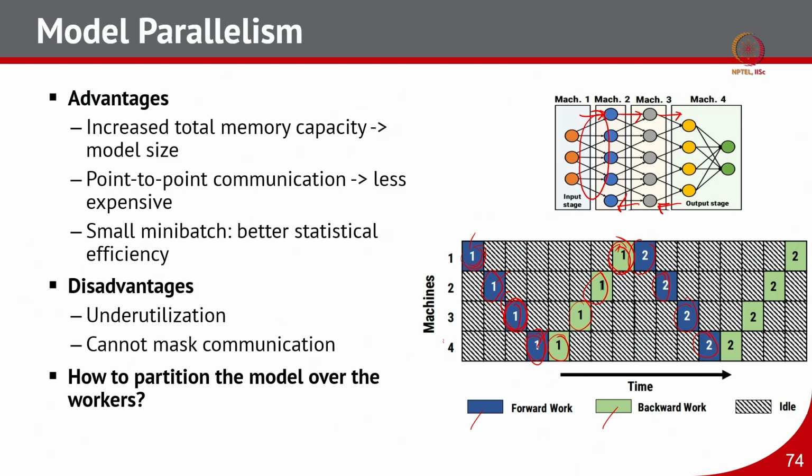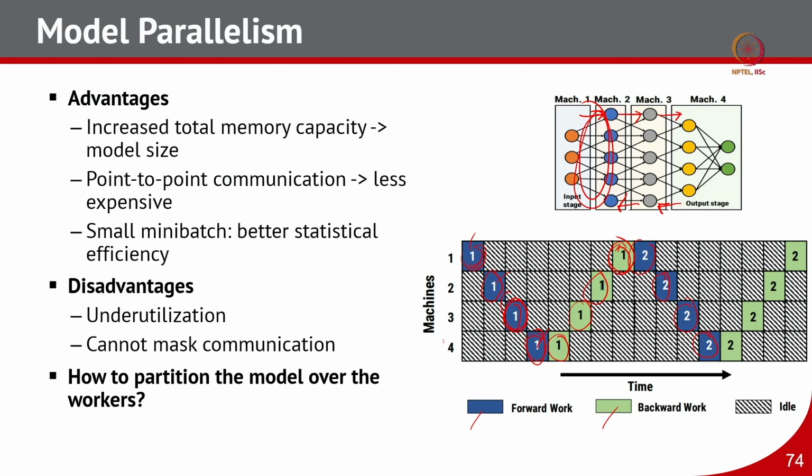We are not utilizing the GPUs effectively. Also, you cannot mask the communication. Although this communication is point to point, we cannot hide computation behind the communication. In the data parallelism case, we could hide some computation behind the communication, so that the communication latency is masked, right.